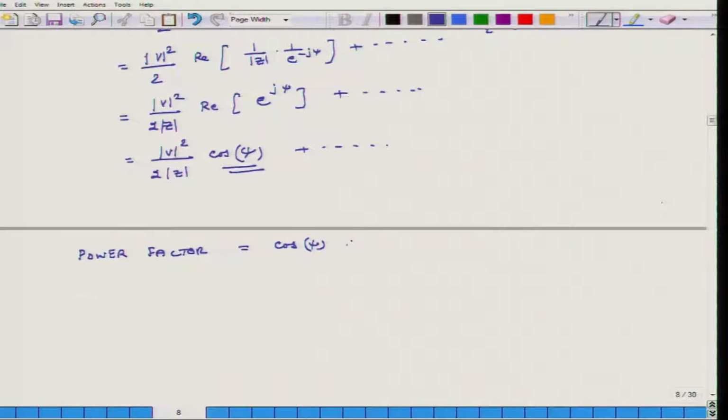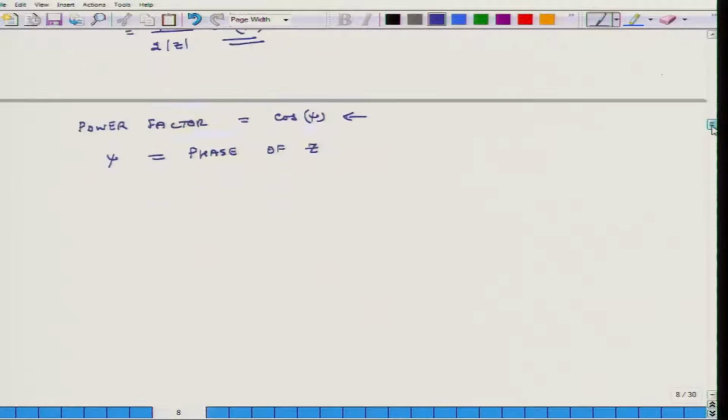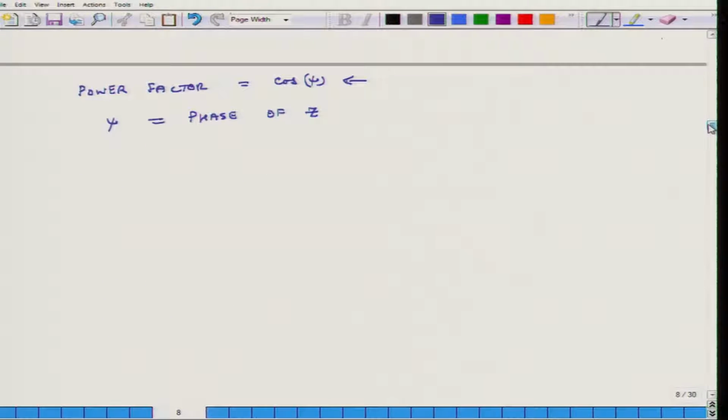So, if I want to minimize my transmission losses, I have to make sure that cosine of psi is 1, and psi is what? It is the phase of Z, the phase of the complex impedance. Now, how do we make cosine of psi 1? Suppose I have a system which is something like this.